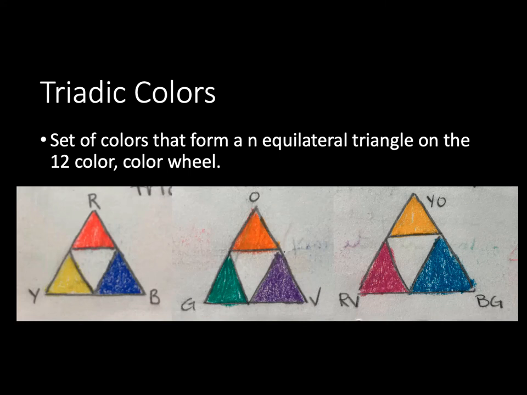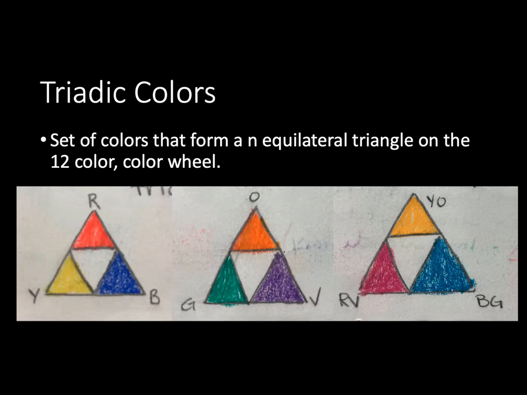It is a triadic color scheme, but if you were talking about what it was, you would most likely reference it to be a secondary color scheme, because people that understand what the primary colors are and the secondary colors are, they're going to immediately associate the three colors that go with that name because it's more specific. So the triadic colors really come into play when you're trying to create a color scheme, but you're using the intermediate colors.